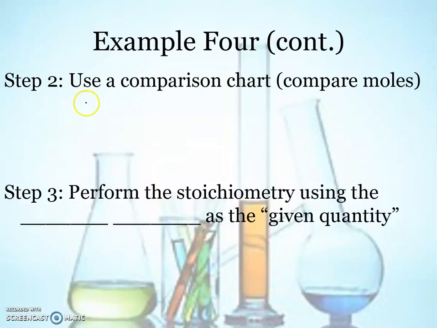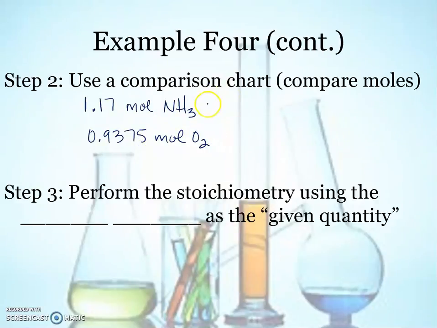Next page says, we have 1.17 moles of NH3, we have 0.9375 moles of oxygen, and we're going to compare these. Looking at our balanced chemical equation, remember this is what we have. We need 4 moles of NH3 to react completely with 5 moles of O2.